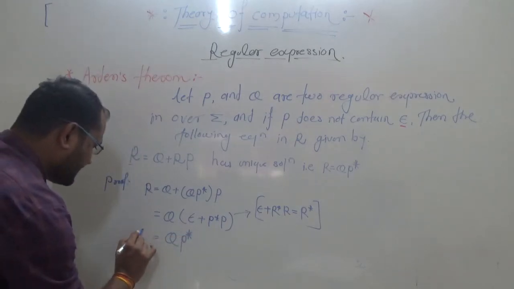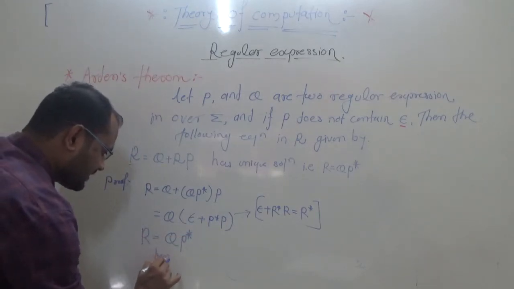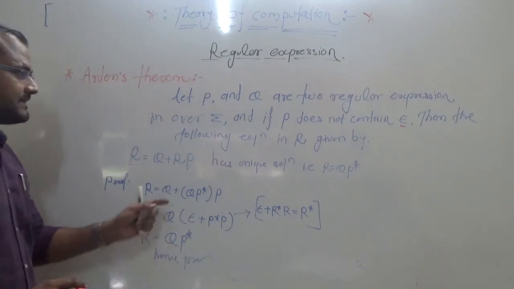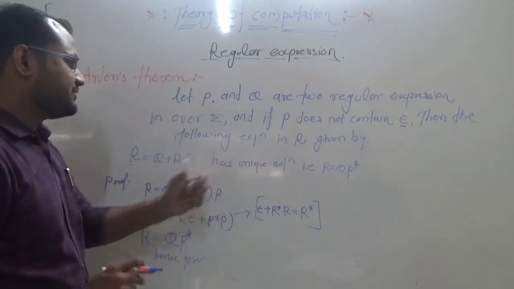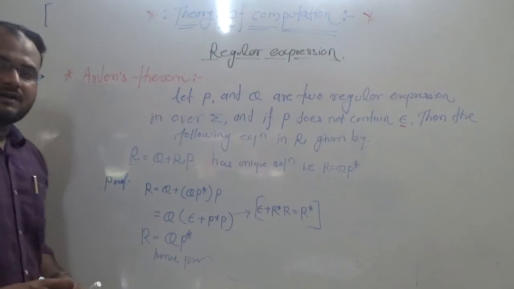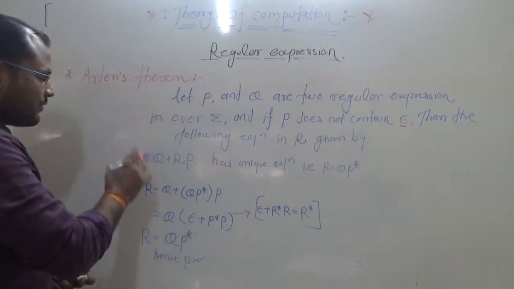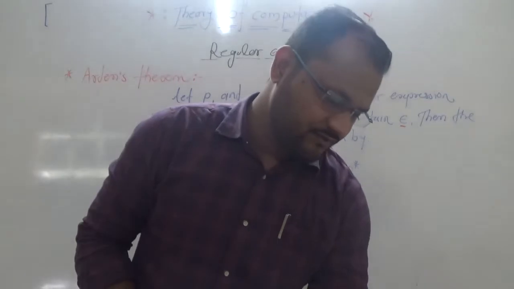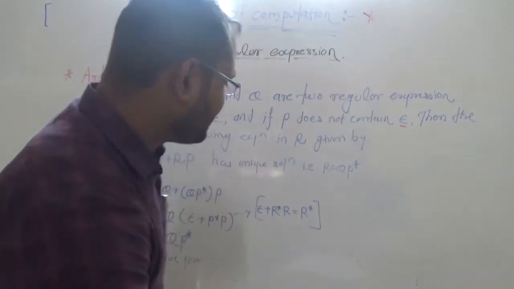Hence proved that R = QP* is a solution for the given formula. But we also have to find out whether it is the only solution, or whether we get another solution as well.